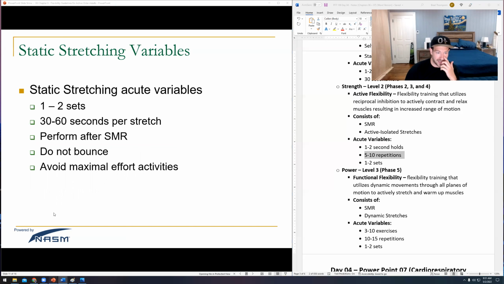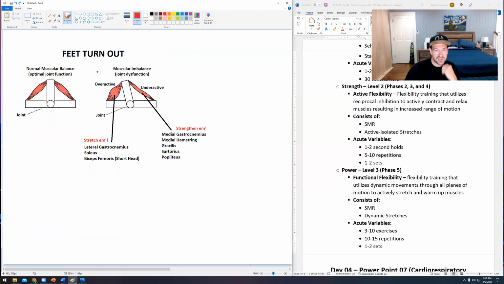So we go back to our example client, the feet-turn-out client, which is lucky for me because some of this is on my example list today. If I'm trying to stretch my lateral gastrocnemius through active flexibility, what do I do? I contract the antagonist muscle, which is my anterior tibialis. What if I'm trying to stretch my soleus? That's also the anterior tibialis.